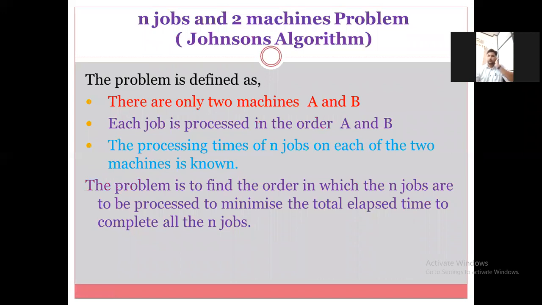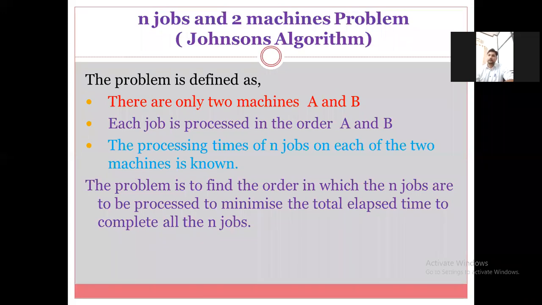So we are going to discuss the first problem statement and the second problem statement, that is, n jobs and two machines problems, which can be solved by using Johnson's algorithm, and n jobs and three machines.